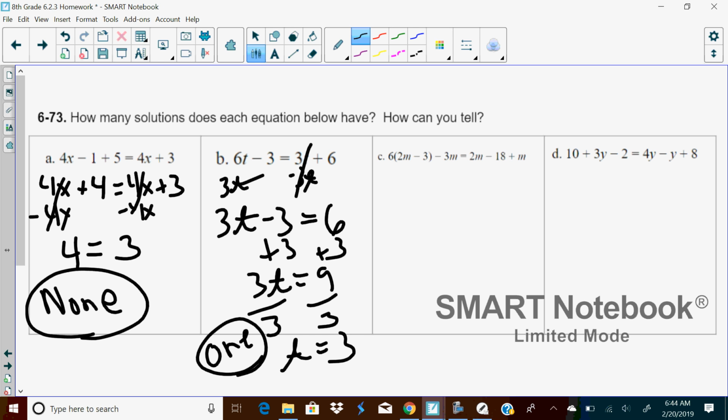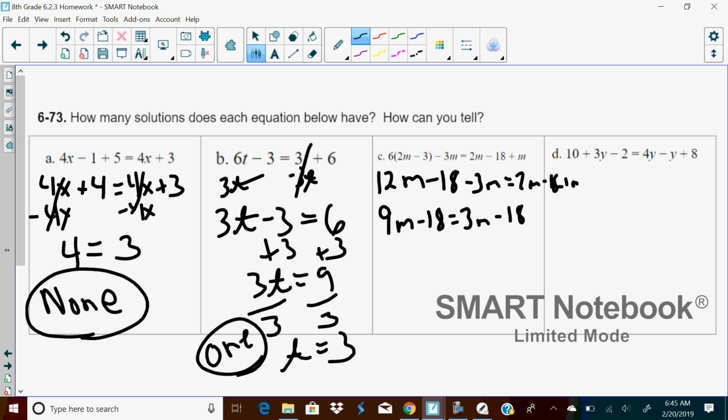For C, I started to distribute. So I did 12m minus 18 minus 3m equals 2m minus 18 plus m. So I got 12 minus 3 is going to give me 9m minus 18 equals 3m minus 18.